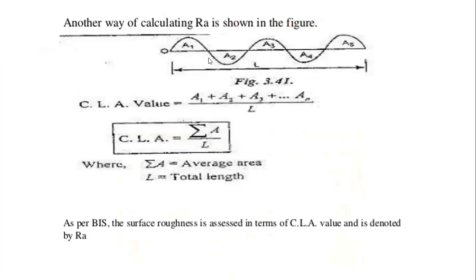By taking all the areas, that is area 1, area 2, area 3, area 4 and area 5, and the total length as capital L, that is the sampling length, the CLA value is taken as A1 plus A2 plus A3 plus, and so on, An by L.